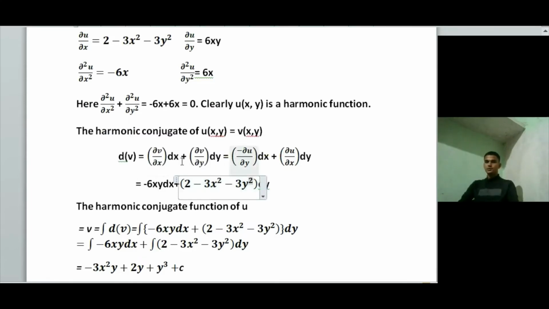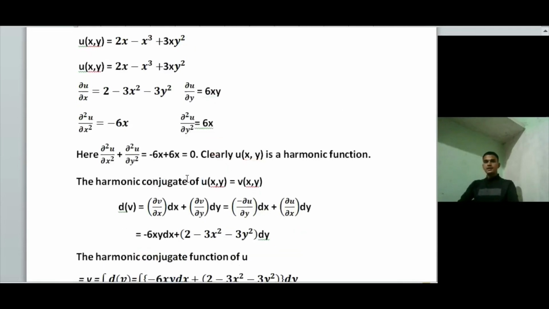So if we find dv, then when we integrate both sides of this equation, we will get the value of v. So v is the harmonic conjugate of u. Okay, so dv is equal to del v by del x into dx plus del v by del y into dy.